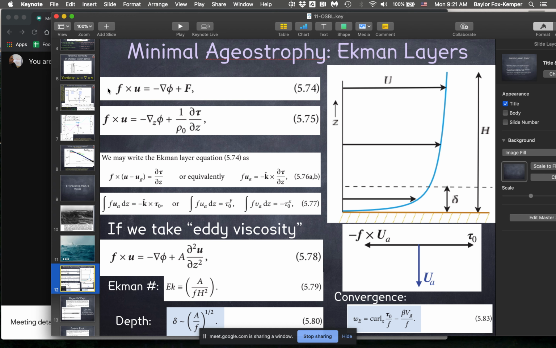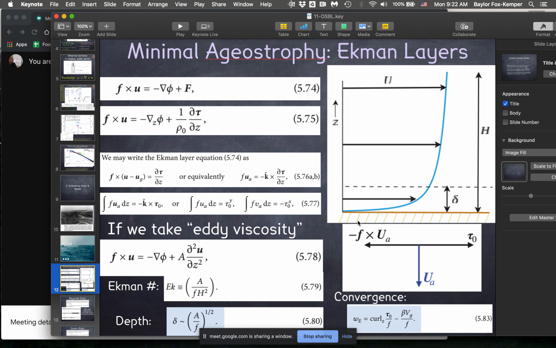It's not changing in time, it's not changing in space, it's just thinking about balances that would happen in the forces. So we could think about it this way and think, well, if we take this term and balance the Coriolis force versus the stresses, what direction would the flow have to be in for that balance to occur?